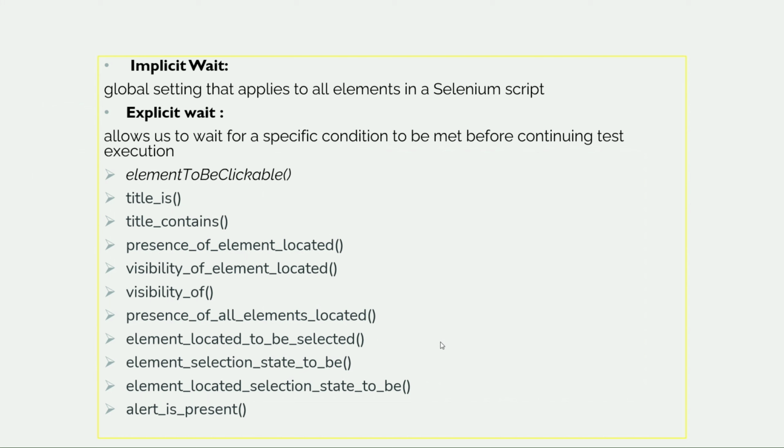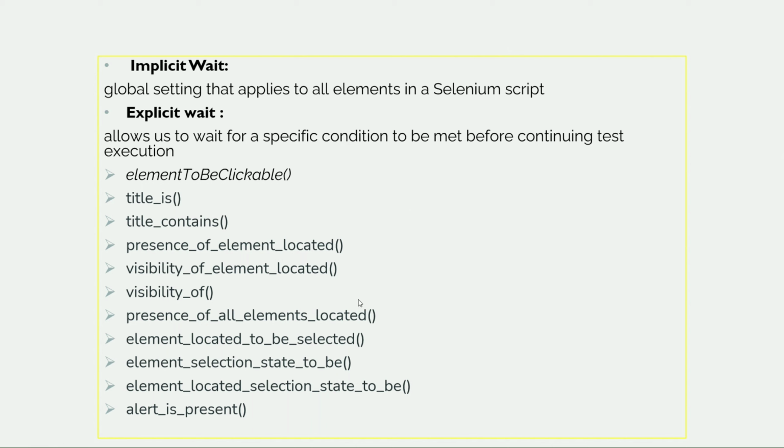So using explicit wait, we can give a condition like element to be clickable, meaning it will wait till the element is clickable, or title contains, then presence of element located, meaning it will wait till any web element is present in the DOM. Visibility of element located means it will wait till the element is visible on the page. In visibility of, we can pass a web element, and in visibility of element located, we can pass the element using by.